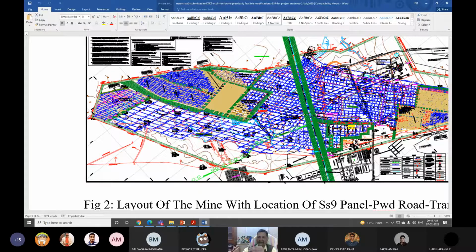I can take the main intake airway to these districts, panels on this side, right? So when I am connecting here, this intake airway will go. But the return from that district, from this panel, whichever it is, intake is all right, but that return should come and get connected to this return.